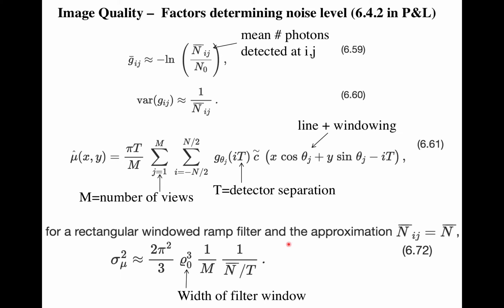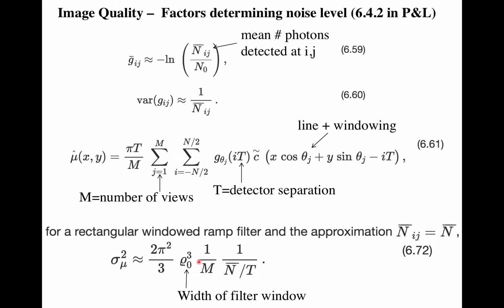And when you do that, you can simplify the rather complex expression for sigma squared down to this. There's a couple of things that are pretty intuitive. The variance, that is the amount of variability around the mean value for a given pixel, is going to decrease as we add projections.